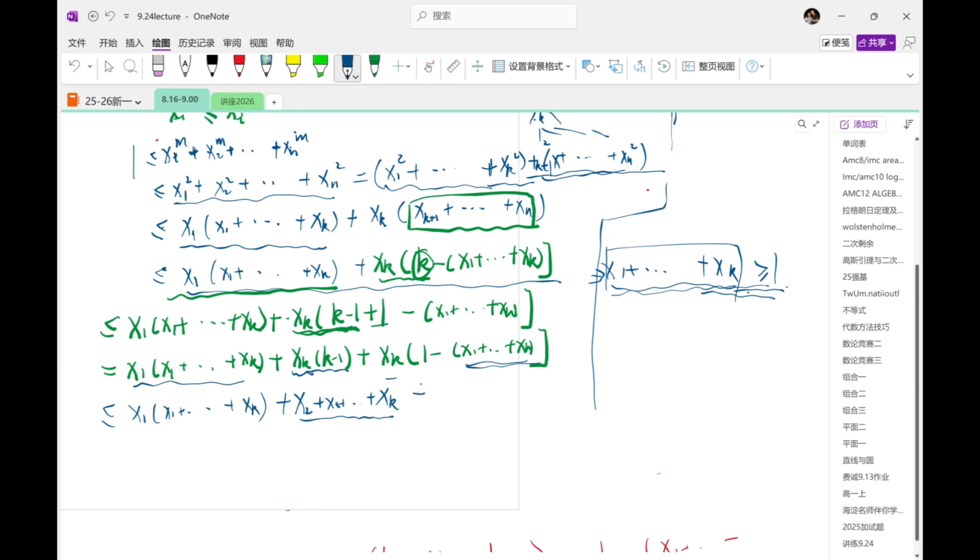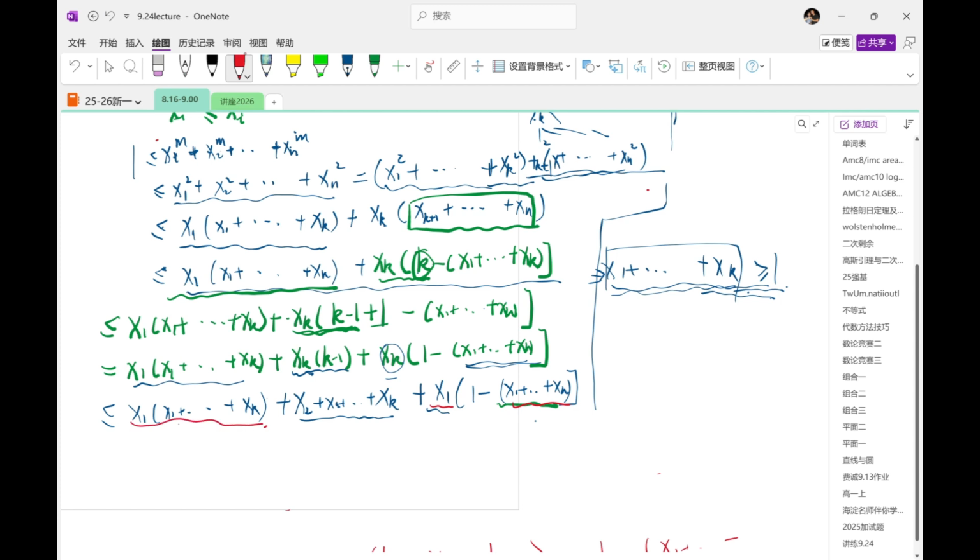And we enlarge this one into x_1 to make them the same. So we get this part times x_1, and this part times x_1.